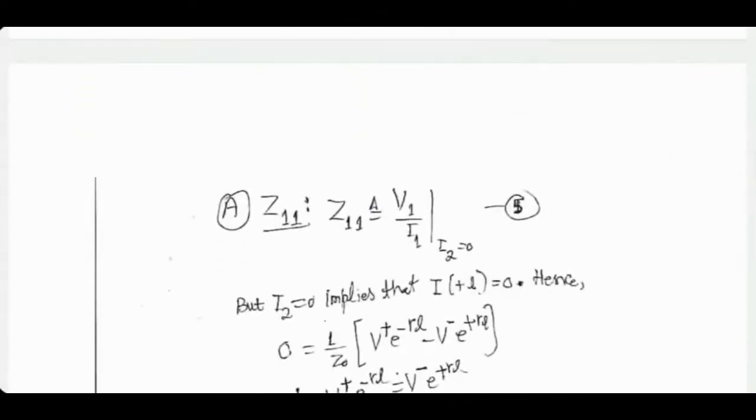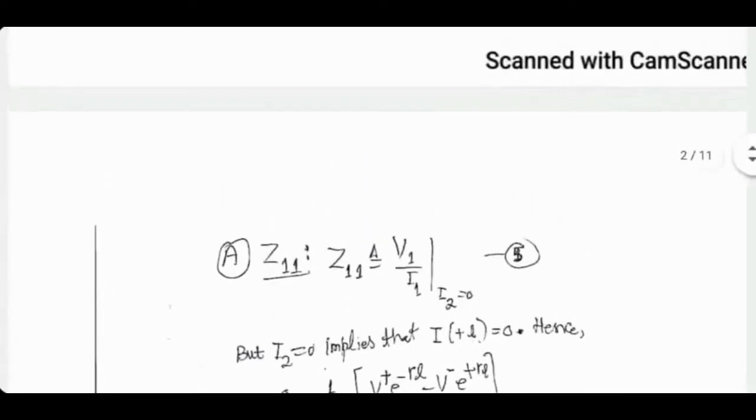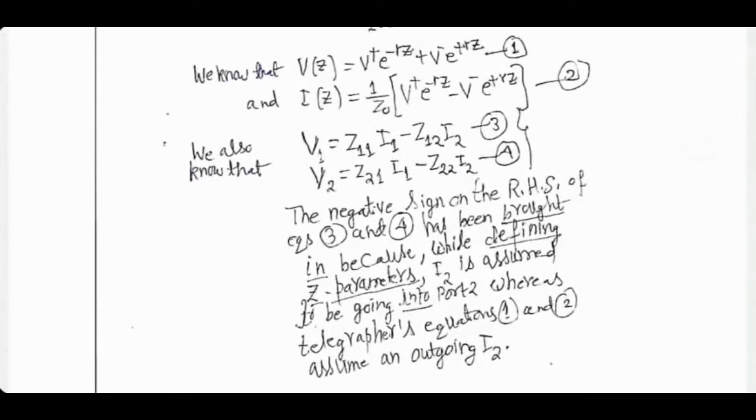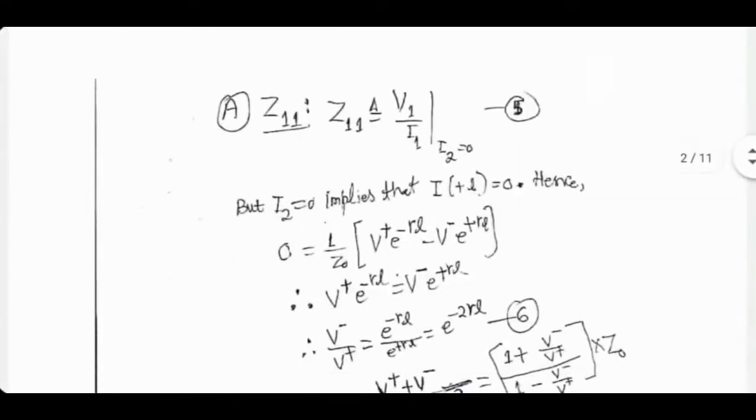Z11, V1 upon I1 when I2 is 0. Now I2 is supposed to be 1 divided by Z naught and the whole thing multiplied by V plus e to the power minus gamma L minus V minus e to the power plus gamma L using equation 2. So for calculating Z11, we need to put I2 equal to 0.